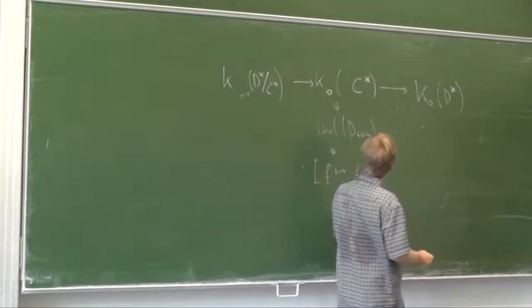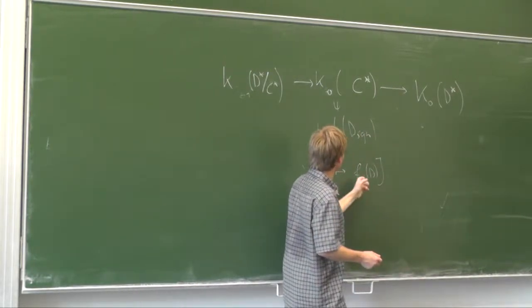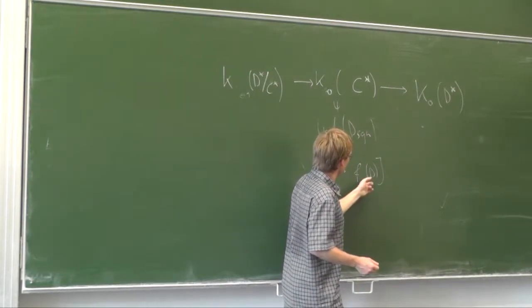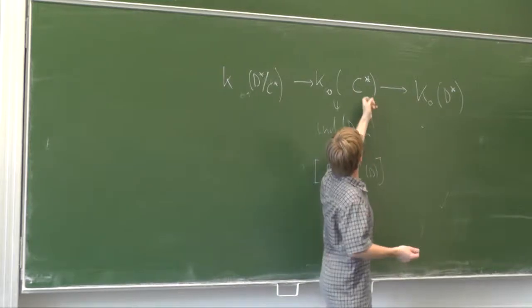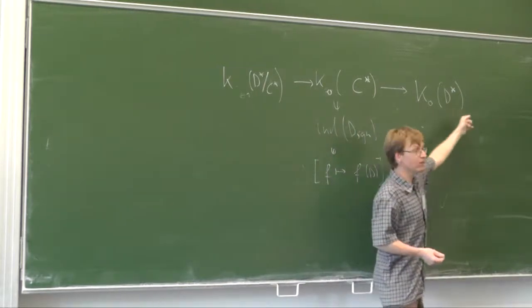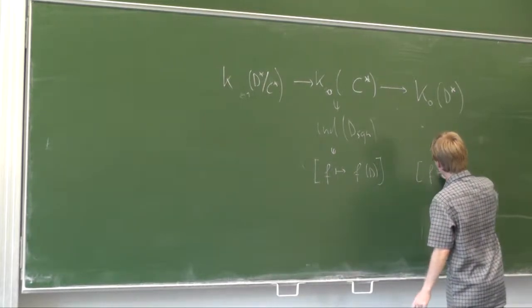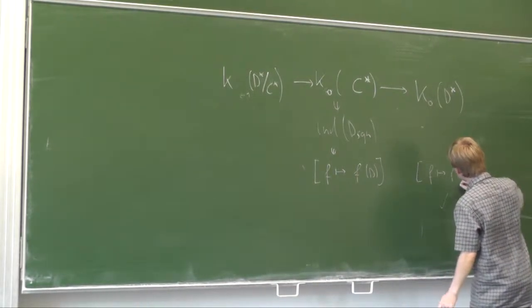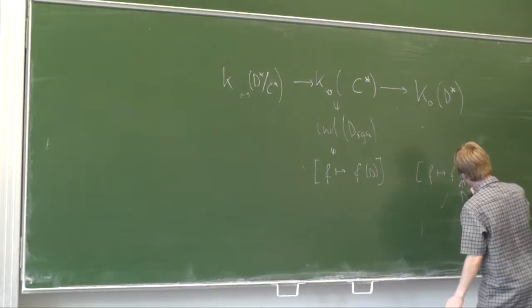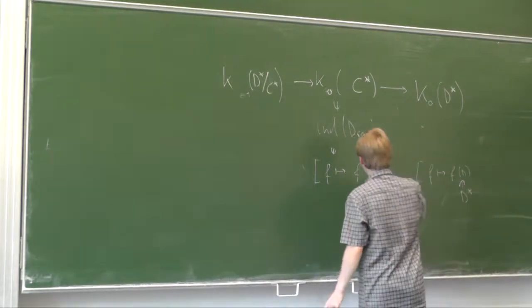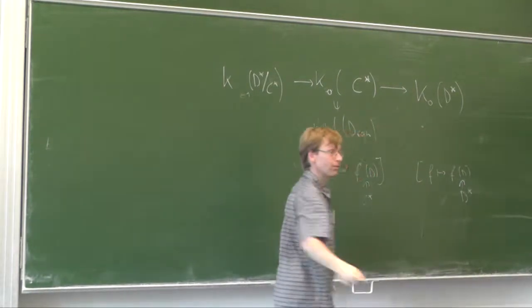If I map it further, it's of course just thinking of this as composing with the inclusion map of C star to D star to get a homomorphism F maps to F of D, but now we think of this as sitting in D star. Here it was sitting in C star.